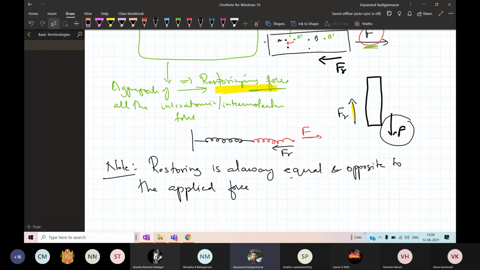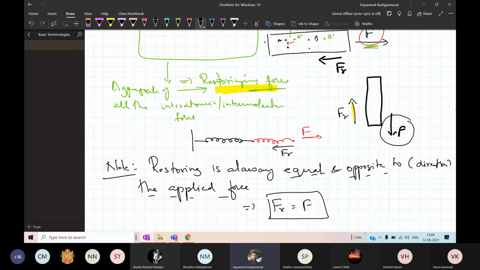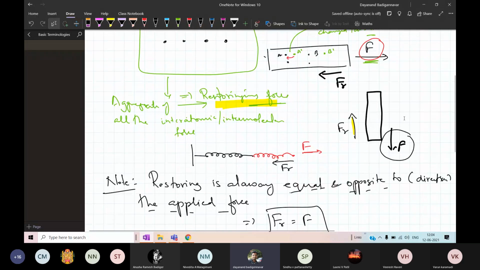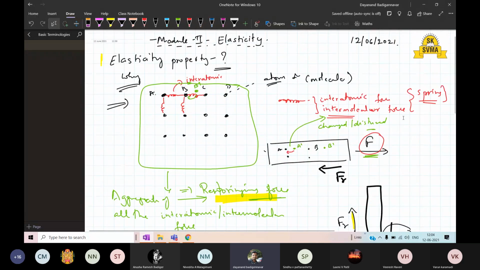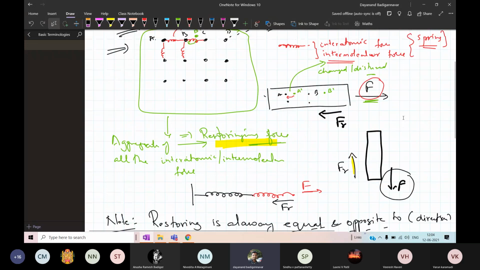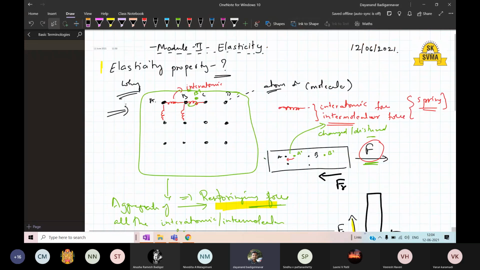Opposite in terms of direction, and equal in magnitude. So I can write the restoring force Fr equal to F. I think we have used this in SHM many times. This is one of the properties of the material. Again, we will study it in detail when we study Hooke's law.